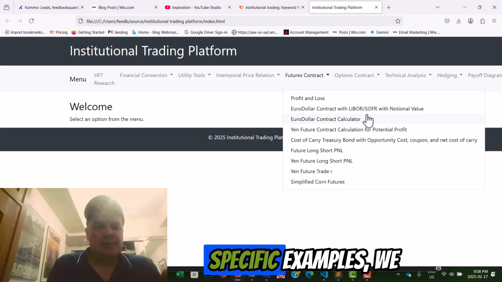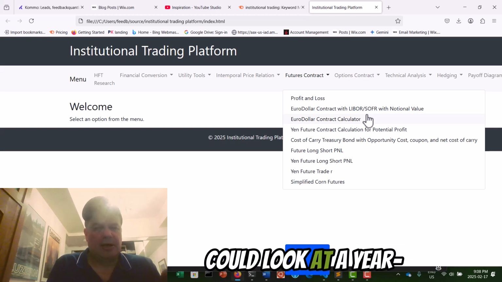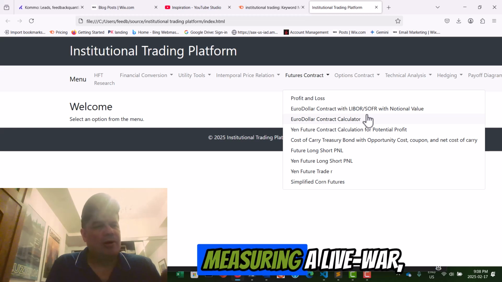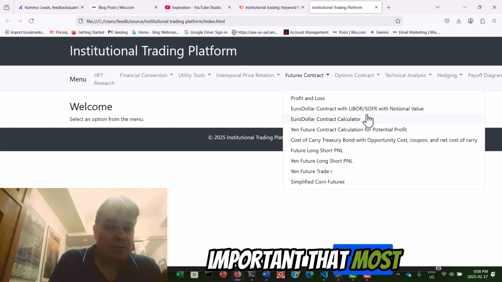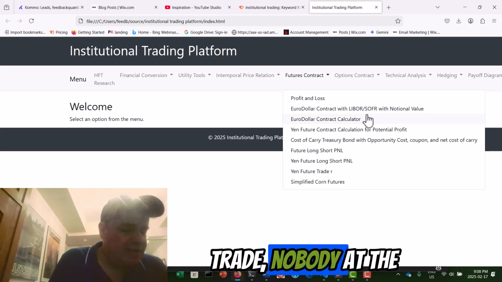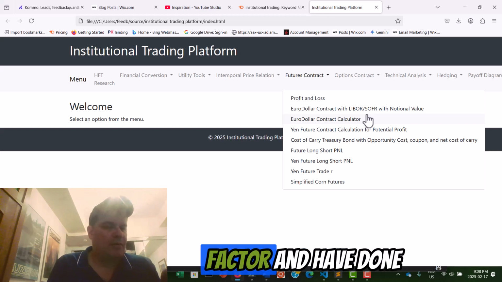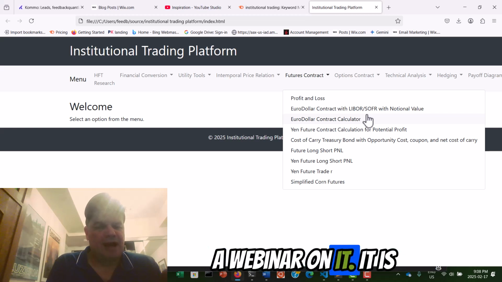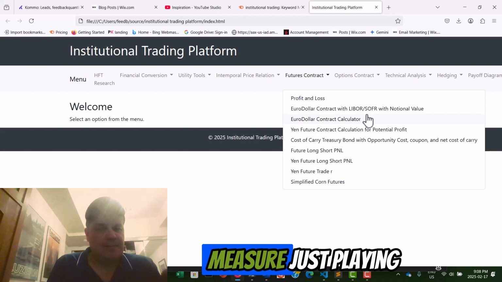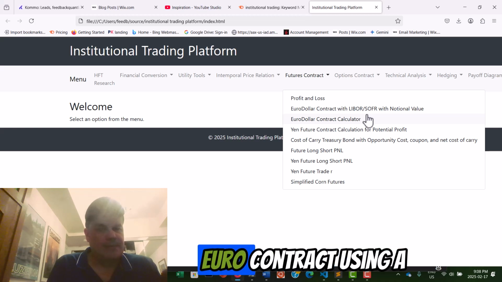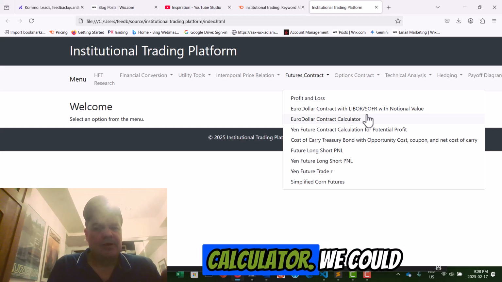As specific examples, we could look at a Eurodollar contract, measuring the LIBOR, for instance, and including the more important thing that most traders, but nobody at the retail level, will ever factor, and I've done a webinar on it, which is notional value. We could also measure just a plain euro contract using a calculator.